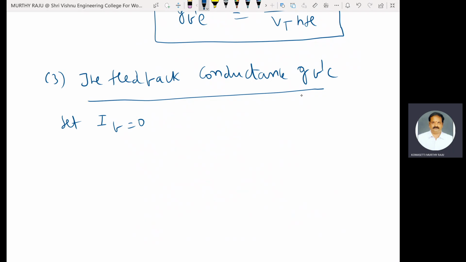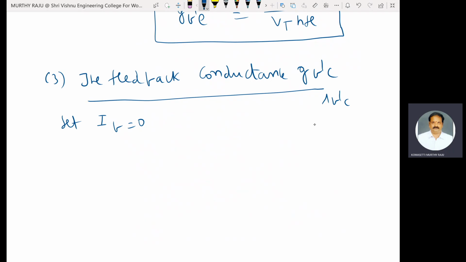Why IB is equal to 0? Because GB dash C or RB dash C is due to reverse bias across the collector base junction. That is the reason to put IB equal to 0.